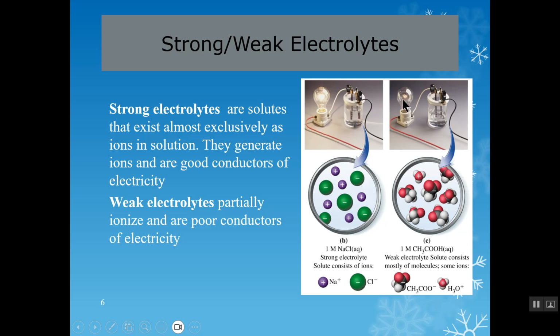As you can see, the light bulb, which is a part of the circuit, lights up, but not as brightly as in the case of sodium chloride. So therefore, based on this experimental setup and what we observe, we can conclude that acetic acid is a weak acid.